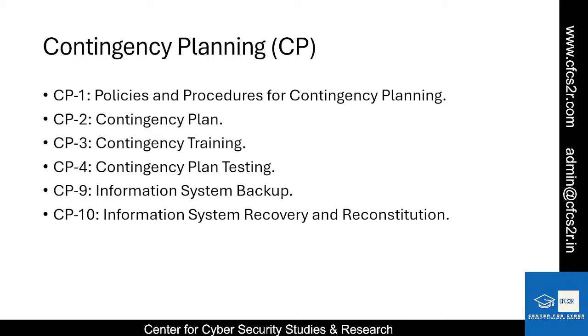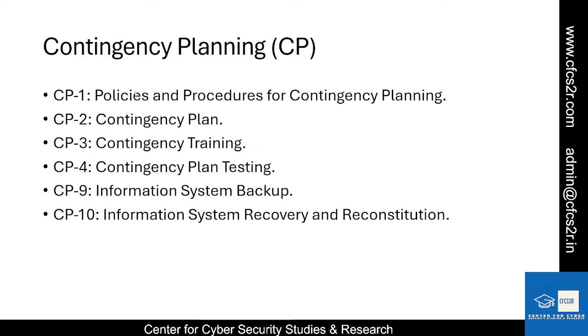So the main important part of contingency planning is that the organization must establish, maintain, and effectively implement plans for emergency response, backup operations, and post-disaster recovery for organizational information systems, so that you ensure the availability of critical information resources and continuity of operations in emergency situations.